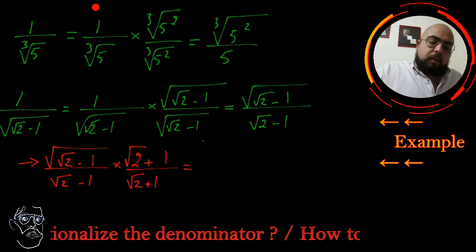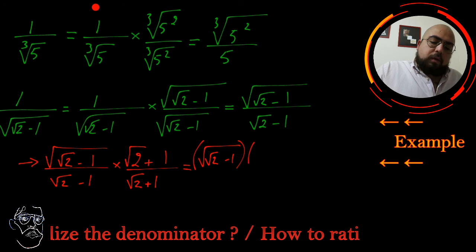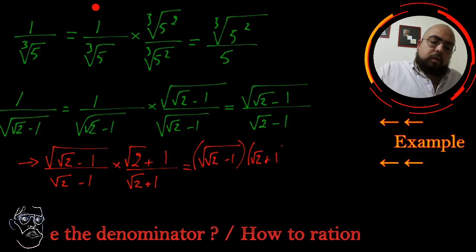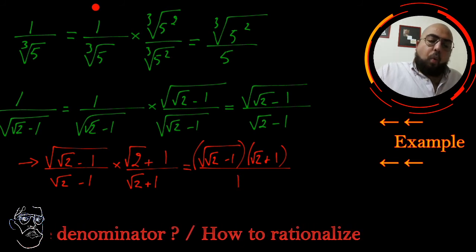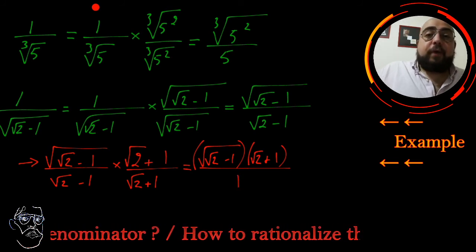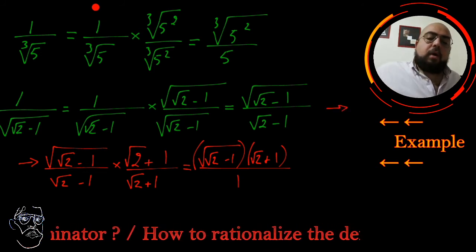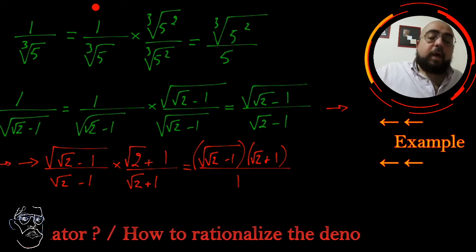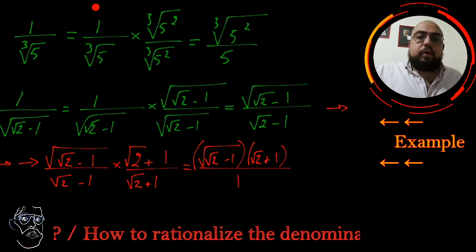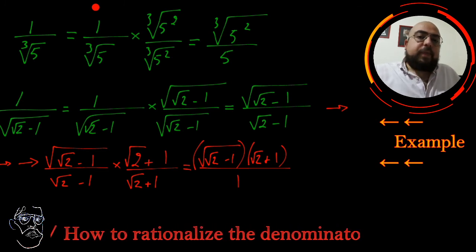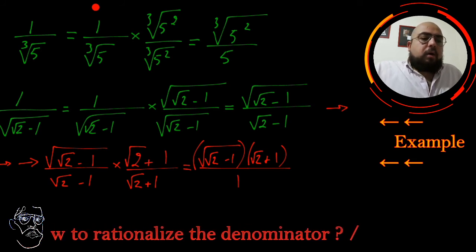So the answer will be square root of 2 minus 1 times square root of 2 plus 1 over 2 minus 1, it's 1, so this will be your final answer. And in this case, as you can see, you were able to rationalize the denominator. So these are some cases, and of course, as you can see, these examples are quite different one from the other. That's all for this video.